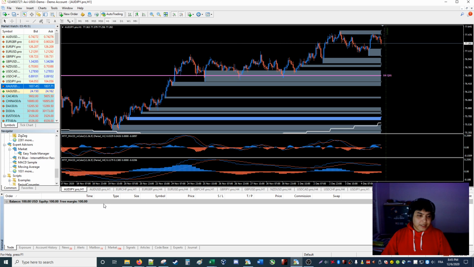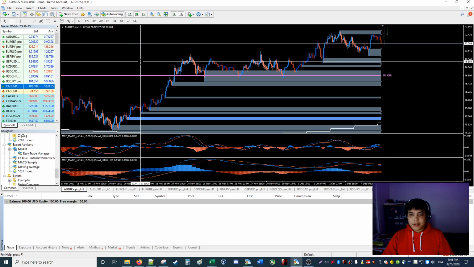All right, so yen. So what do we have here? Looks like we have a double top. It went up all the way there, all the way there, all the way there, and then hit the resistance zone. The next support level is around here or here.